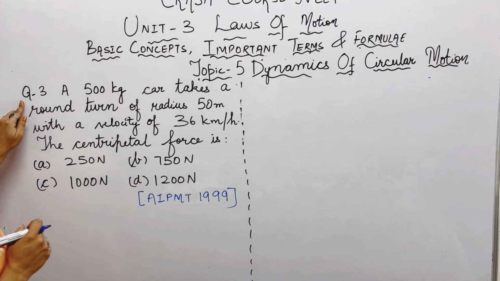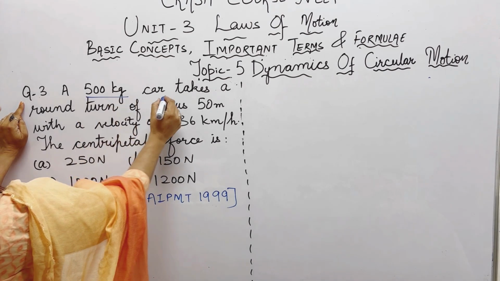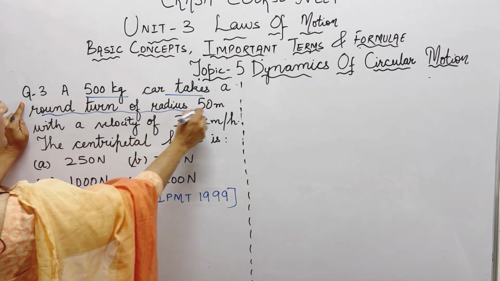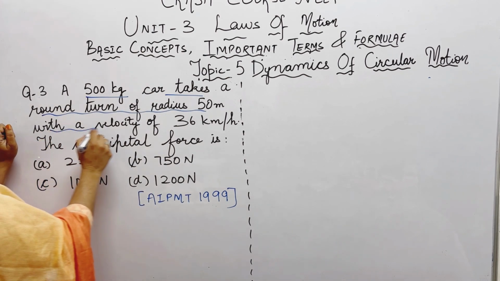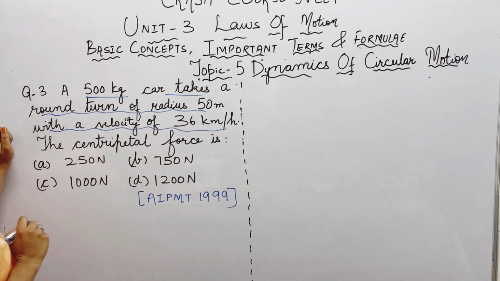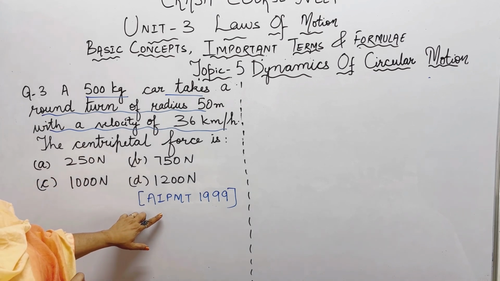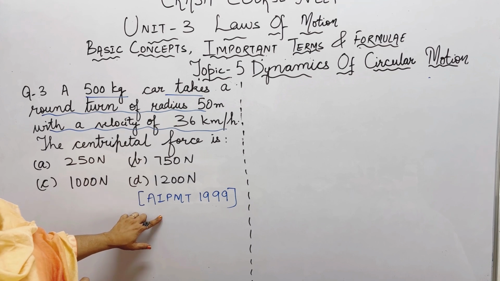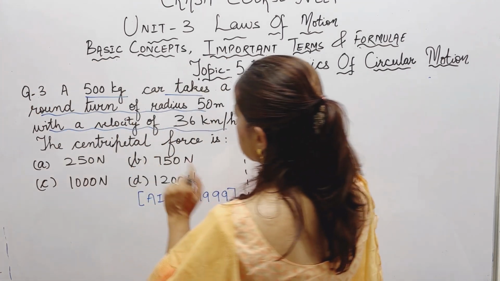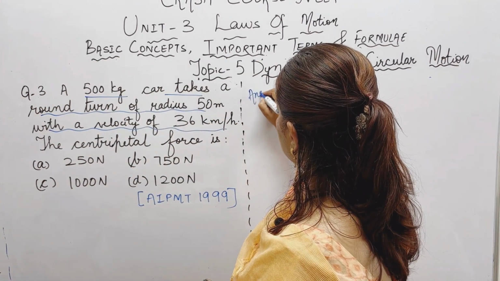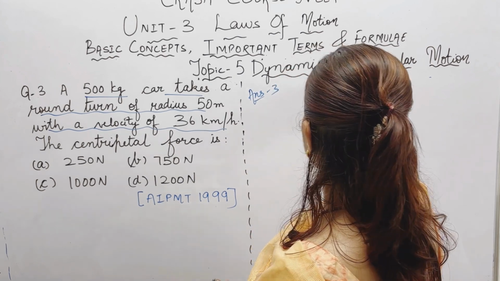Now is the third question. A 500 kg car takes a round turn of radius 50 meter with a velocity of 36 kilometer per hour. The centripetal force is, and the options are given. This question has come in All India PMT 1999. To solve this numerical, write down the things that have been given.